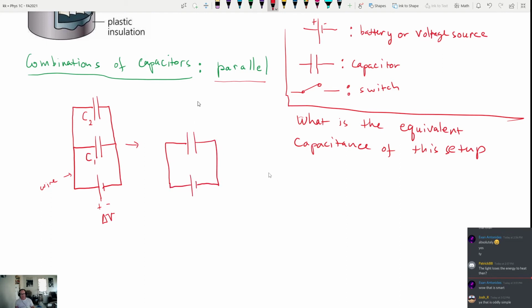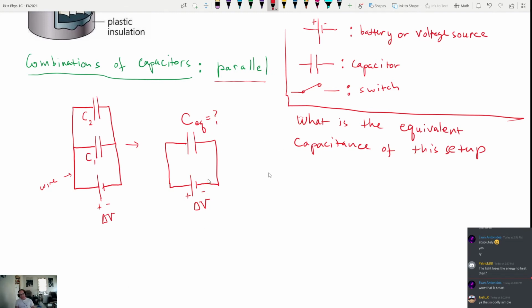Another way to ask this is, what's the total capacitance, basically? We're going to call it CEQ because that's how it's named, but you could think of it as total capacitance.